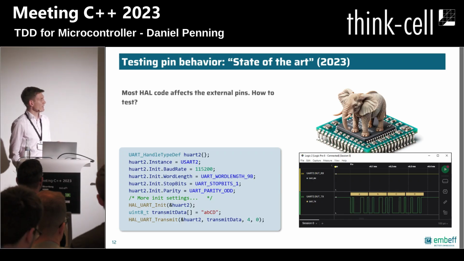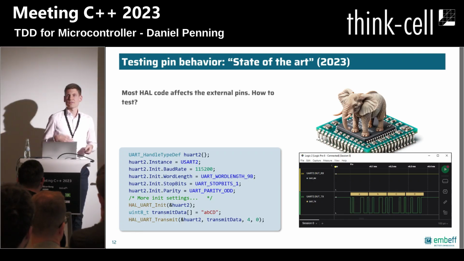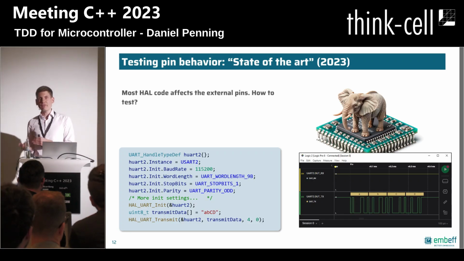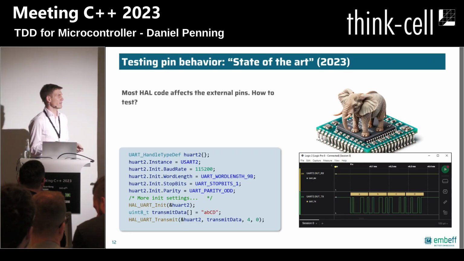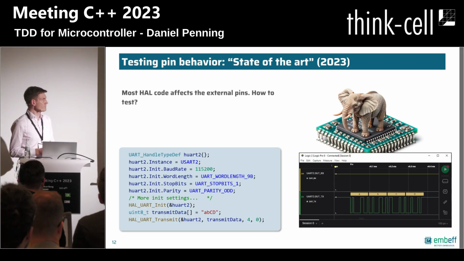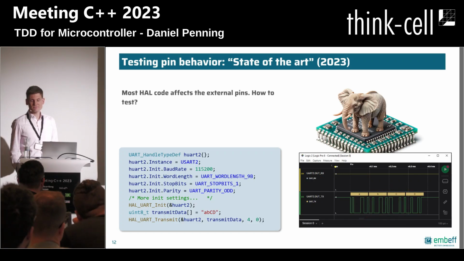So basically, within these yellow functions here, the code will do a lot of accesses to special function registers to the periphery of the pin to get these signals on the line. And what we want to know is, if we write this code here, will this happen on the line? That's a logic analyzer attached to the pin, showing us the result.